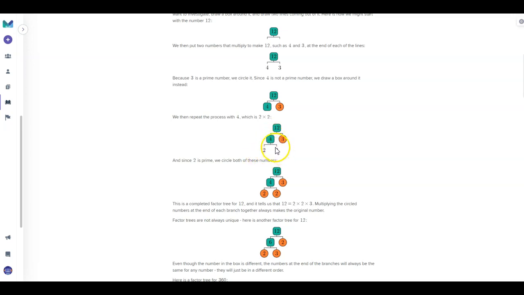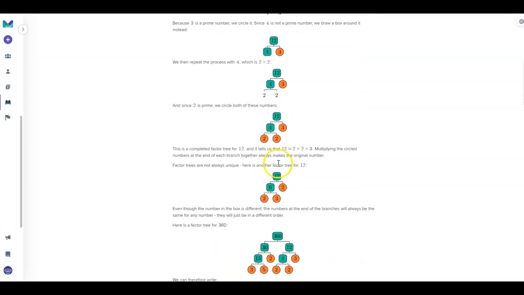We look at those numbers that we've just chosen and decide again if they are prime numbers. In this case, 2 is a prime number in both cases, so now they get circled to indicate they're prime. As soon as all the branches we have made have a prime number finishing them off, we have all the prime factors. We write that out in what we call expanded notation by simply writing each of the prime numbers out, preferably in ascending order, from smallest to largest, with a multiplication symbol between them.